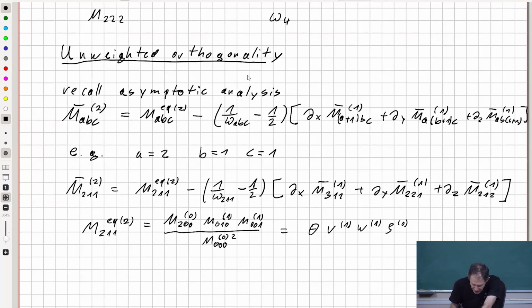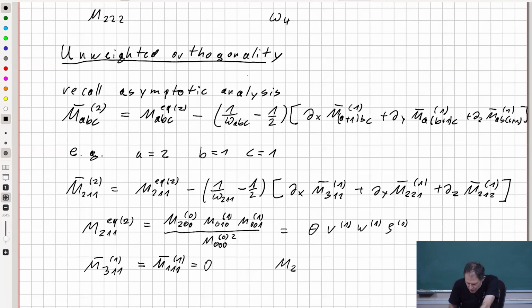Then we have this alien M311 to first order. This is equal to M111 to first order, and this to first order is what? This is 0. Yeah?